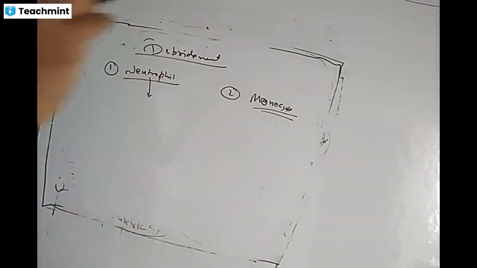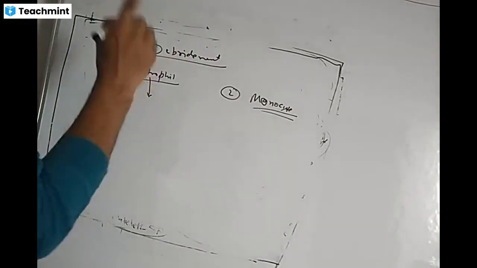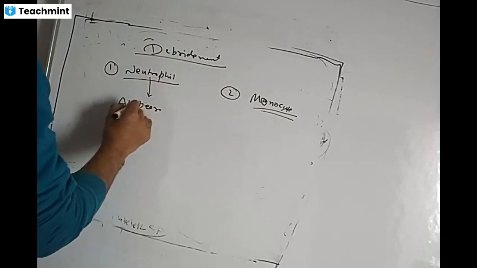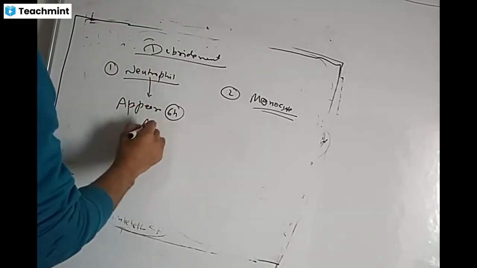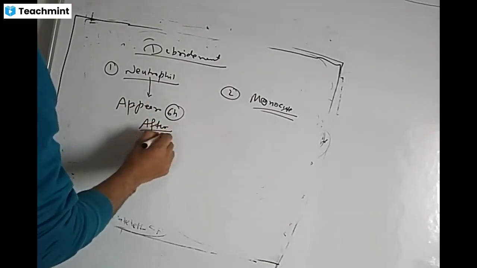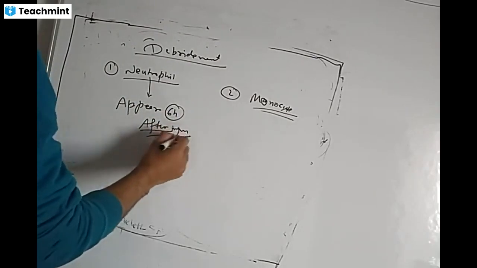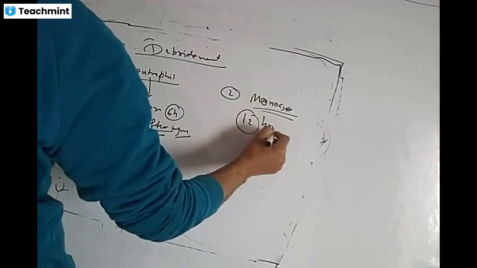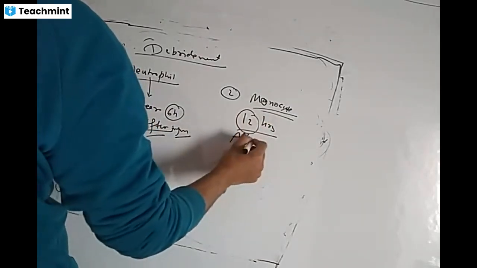Neutrophils are the first line of defense. These are the cells which come early. They will appear 6 hours after injury. These monocytes will appear later, 12 hours after injury.